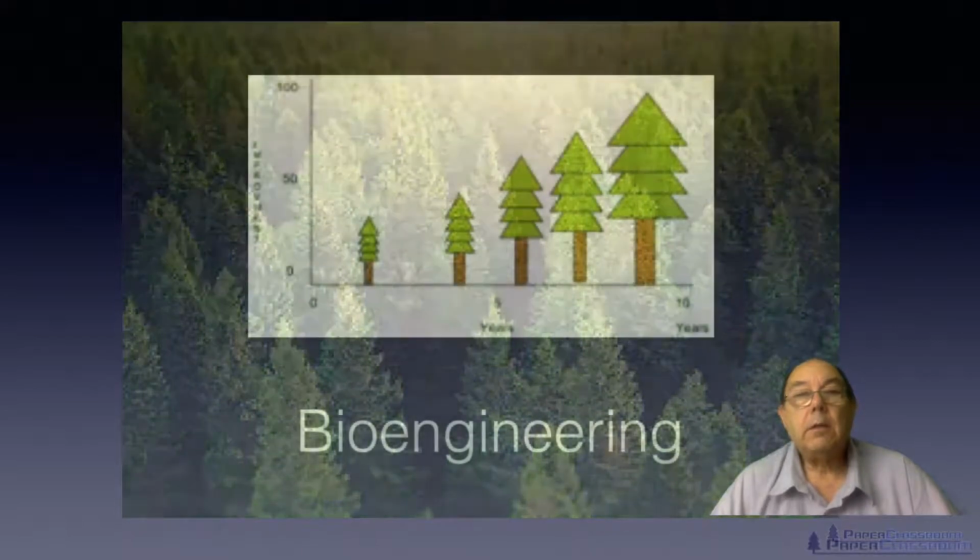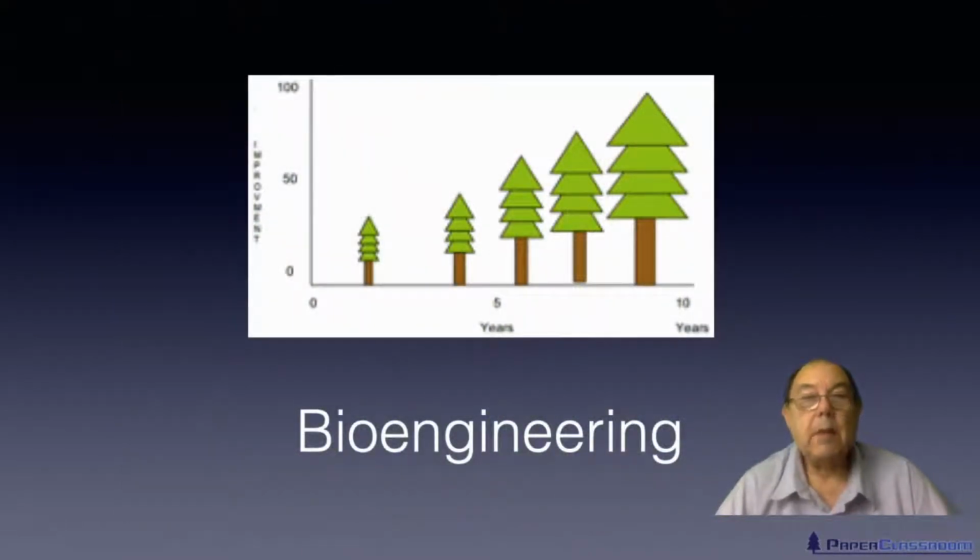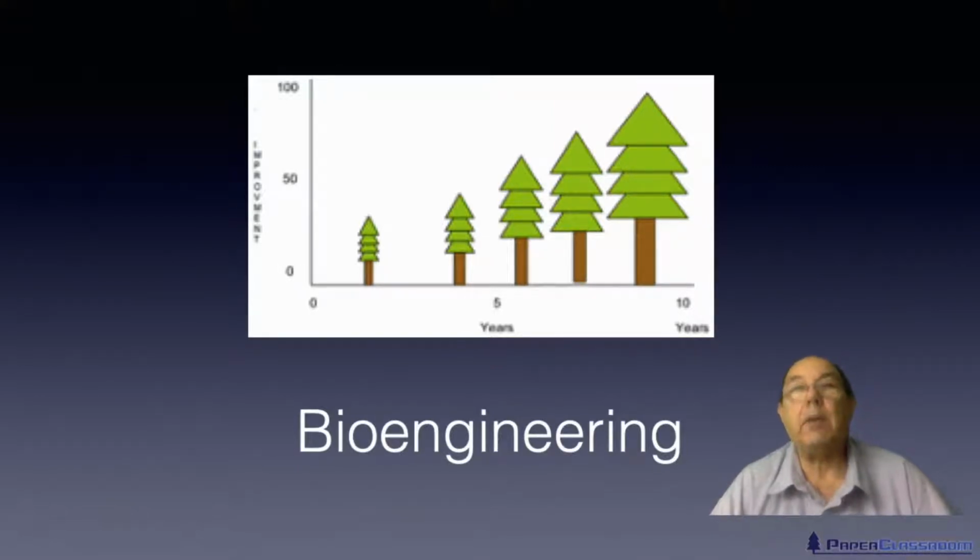However, in this particular tutorial I'm going to be covering two aspects. One is a bit on the bioengineering of trees, what they do to make them grow bigger and better and faster. And the other is how do we manage the trees to get a sustainable regular income.